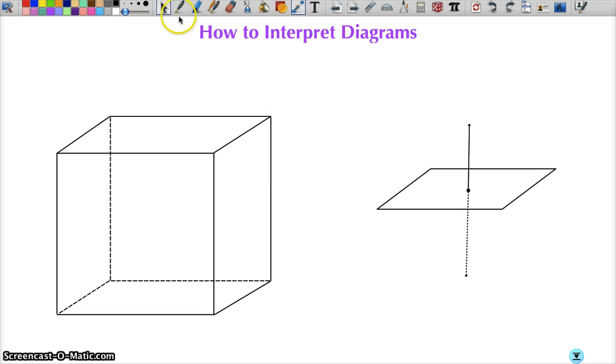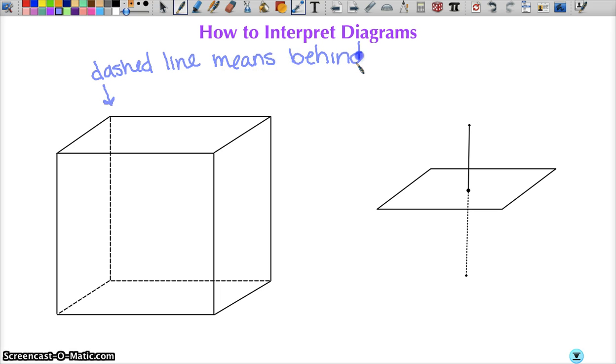And then interpreting diagrams, so that's all the vocab. This part is really important because you need to know what's going on and how this works. So first thing is when you see these dashed lines, the dashed line means that that's in the background. So dashed line means behind.